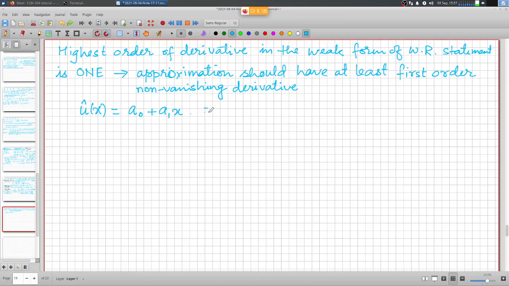So this will be written as ui Ni plus uj Nj. So instead of a0, a1 we have these coefficients as the values of the function at the nodes of interpolation. So the essential boundary conditions can be imposed on these values at the time of solution of the simultaneous equations. If we prescribe these values, these are essentially the essential boundary conditions.